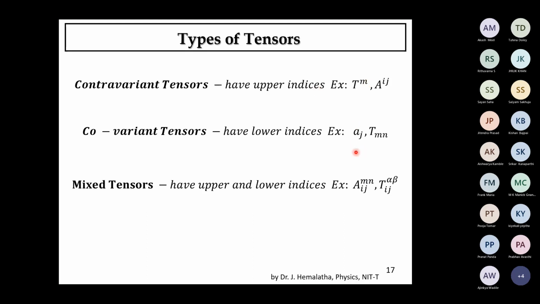If you write only the lower indices, they are called covariant tensors. If you write only the upper indices, they are named contravariant tensors. But you can also write both upper and lower indices. For higher order tensors, if you go only for covariant or contravariant, it is very uncomfortable to write long indices. So mixed tensors were introduced.